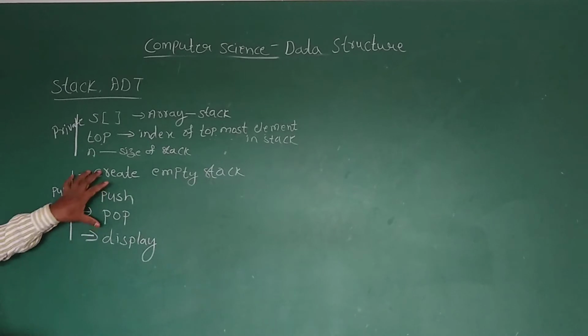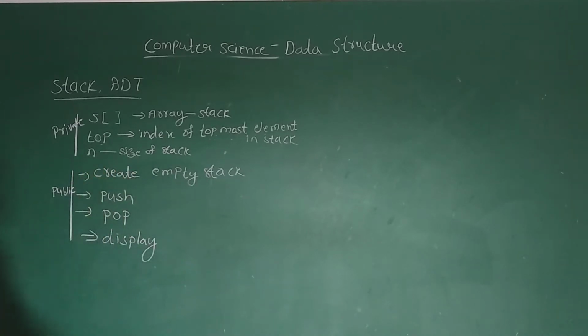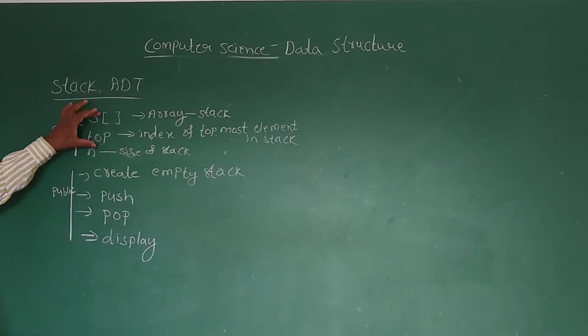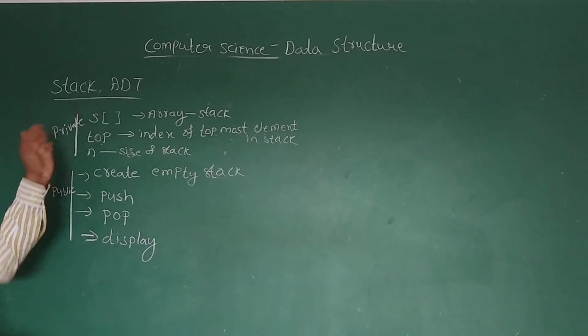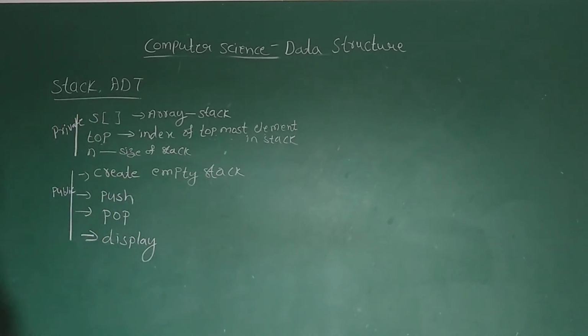When you want to invoke functions from outside of the class, those must be public. These three variables are used within these functions only. They cannot be used outside of the class definition. That's why they are declared private.